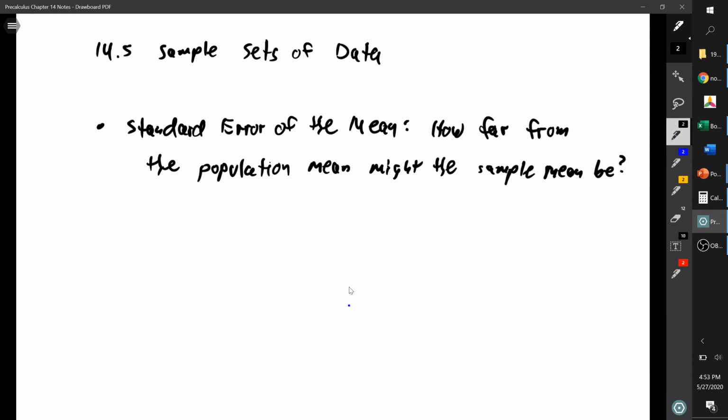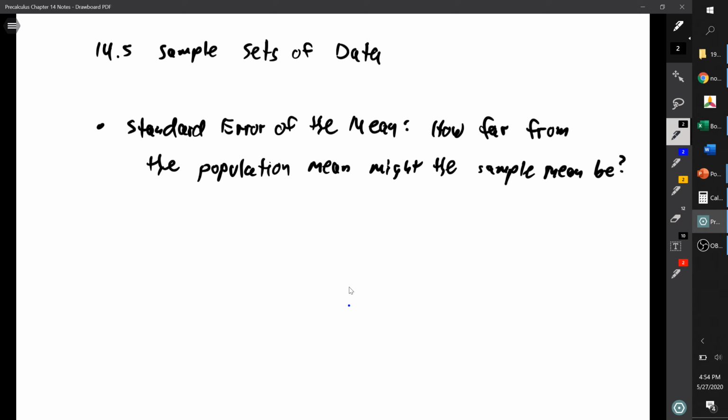So it's like, all right, we don't have measurements for everything. So we don't have mu. We don't have what the actual average is. What we have instead is an average that's based on some subset of the data that we're trying to analyze.